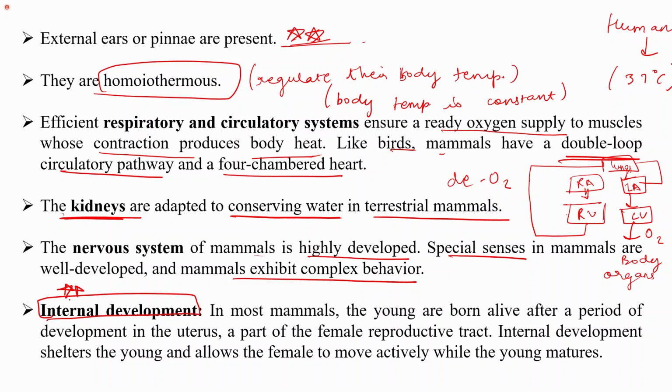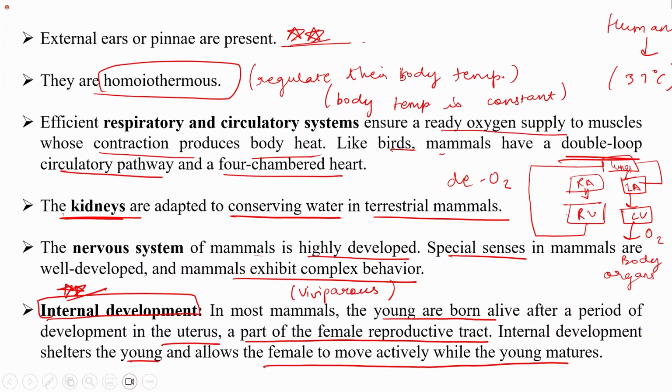In most mammals, the young are born, so mostly they are viviparous, giving birth to the young after a period of development in the uterus, which is a part of the female reproductive system. Internal development shelters the young and allows the female to move actively while the young matures. Therefore, it creates less hindrance and also provides protection to the young inside the body of the female.